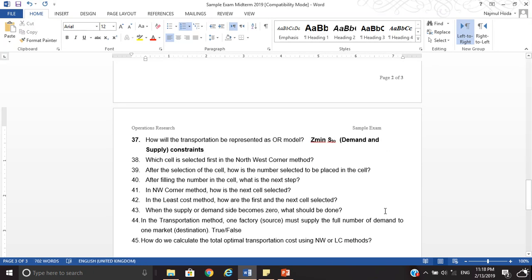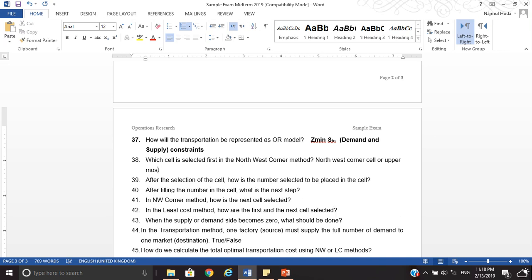Which cell is selected first in the northwest corner method? It's based on the direction. It's the northwest corner cell, or in direction we can also write it's the uppermost left corner cell.